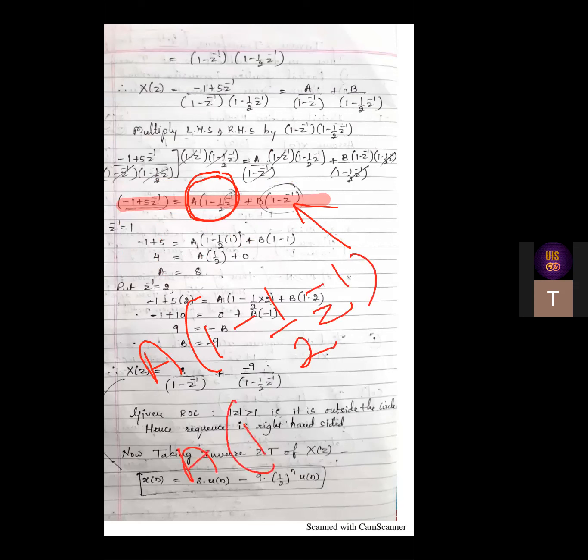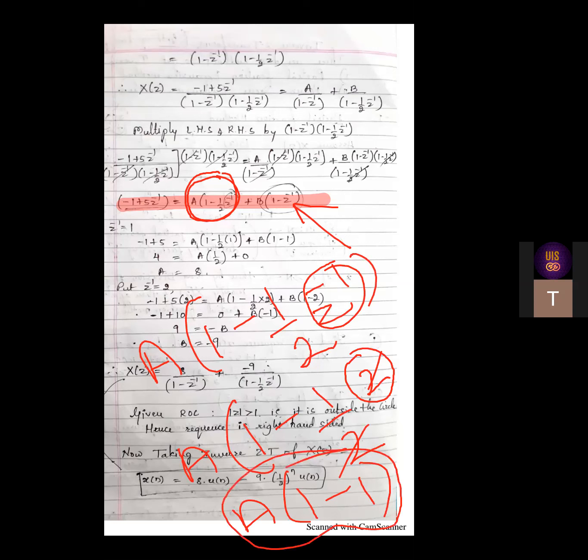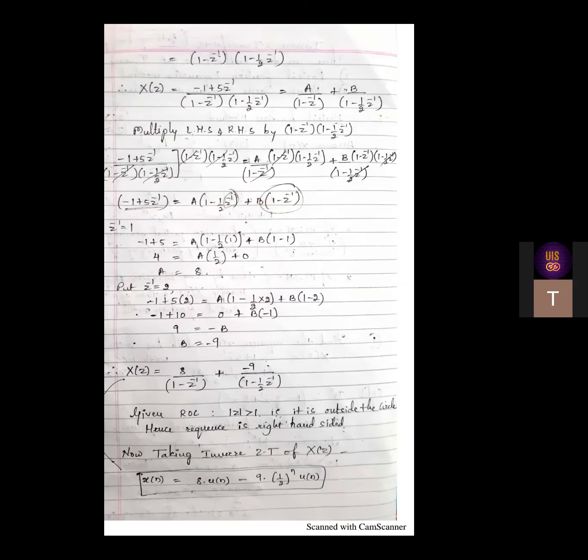What should be the z inverse value? If you make it equal to 2, the 2 cancels, and A into 1 minus 1 you will get. So A will go 0. That's why we are substituting z inverse as 2 for the next case.